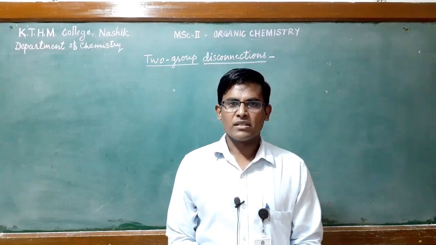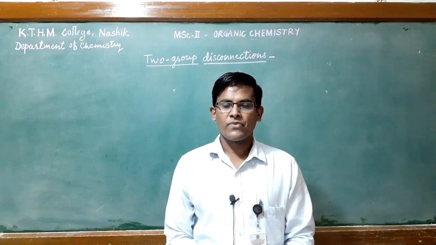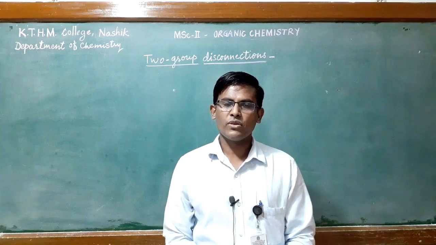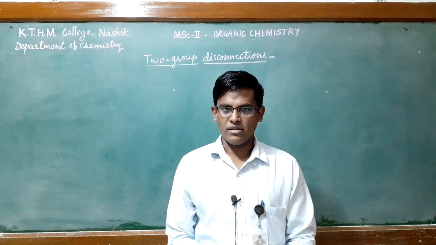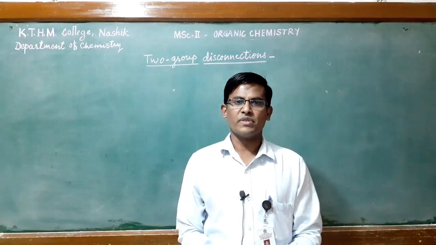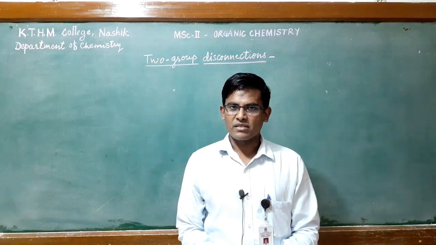In the last few lectures, we have been discussing retrosynthetic analysis and functional group interconversions. We have also seen one group disconnection so far. In today's lecture, I am going to talk about two group disconnections. What do you mean by two group disconnections?